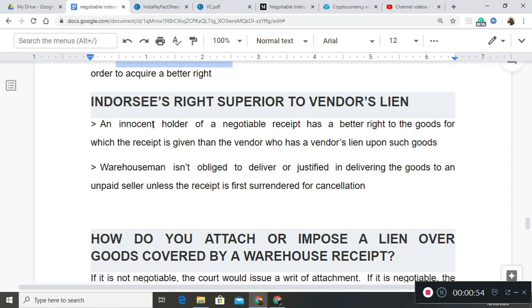So an innocent holder of a negotiable receipt, take note, negotiable receipt, has a better right to the goods for which the receipt is given than the vendor who has a vendor's lien upon such goods. So the warehouseman isn't obliged to deliver, or is justified in refusing to deliver, the goods to an unpaid seller unless the receipt is first surrendered for cancellation.